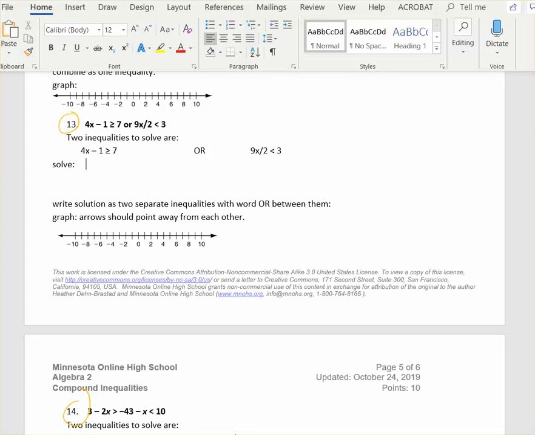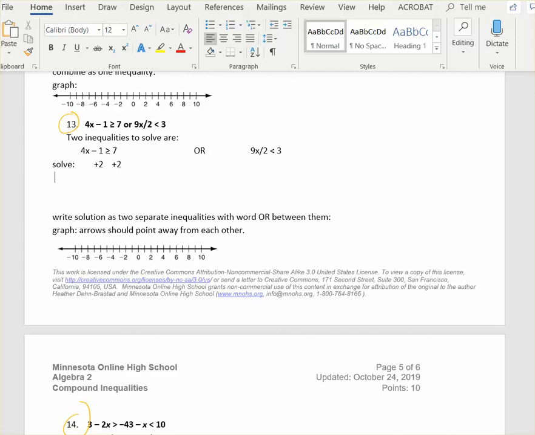So to solve this one, I need to get x by itself, so I would start by adding 2 to both sides. And then that leaves me with 4x minus 1 plus 2. That's the same as plus 1, because you have -1 plus 2. And on the other side, that would be greater than or equal to 9.